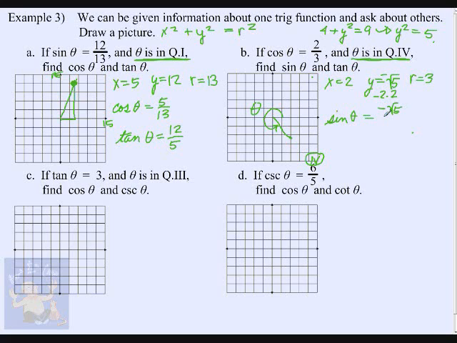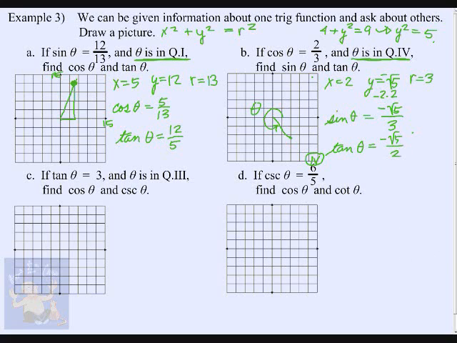I almost blew that, didn't I? And the tangent of theta, that was so close. It's easy for me to forget where I am, I guess. Tangent of theta is going to be a negative square root of 5 divided by x, which is 2.